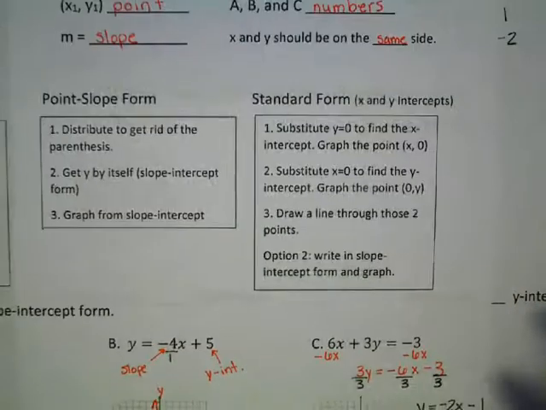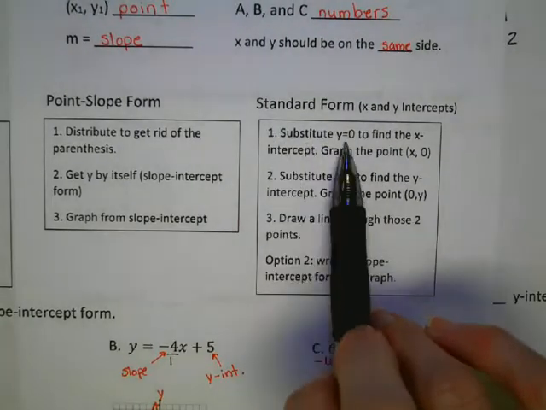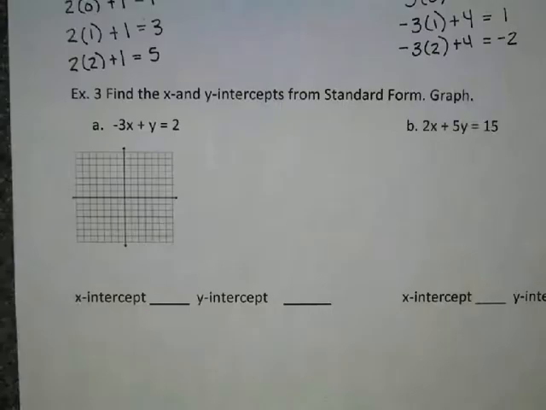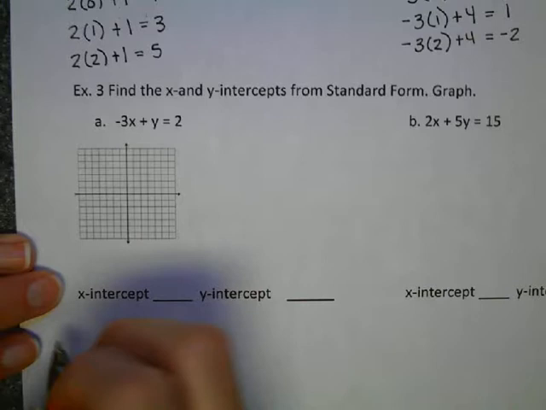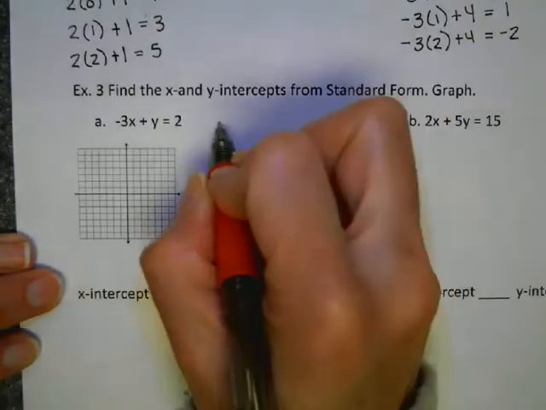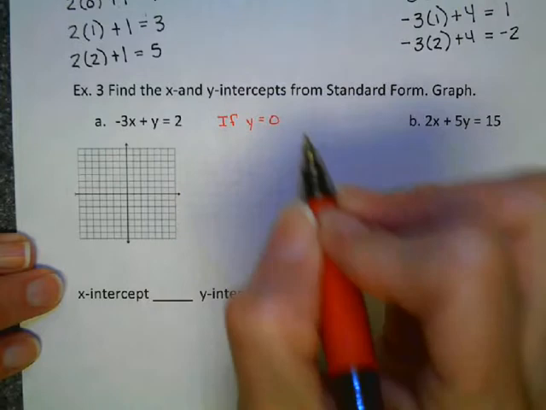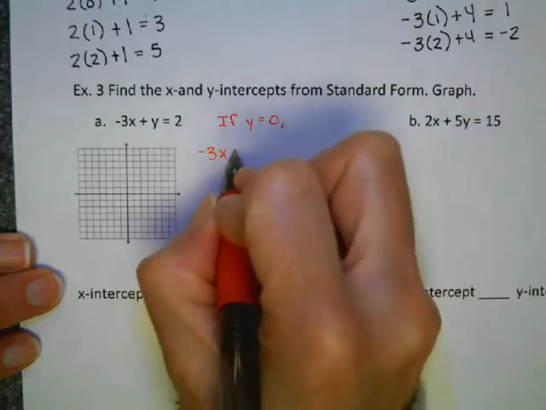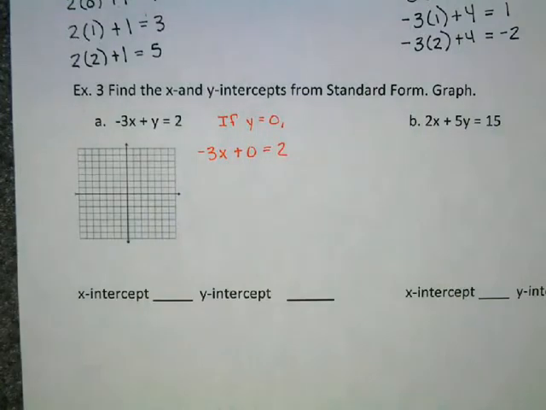Alright, so on the other page, back over here, it says standard form. If it's x and y, it says substitute y equals 0 to find the x-intercept. So we're going to take this equation and substitute in y equals 0. So -3x plus 0 equals 2.